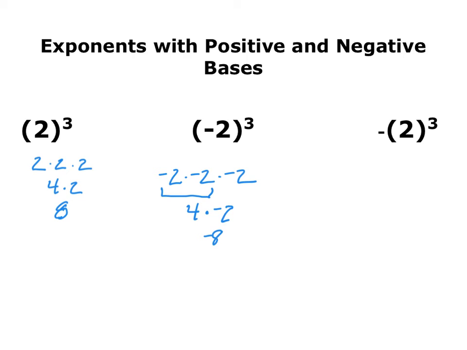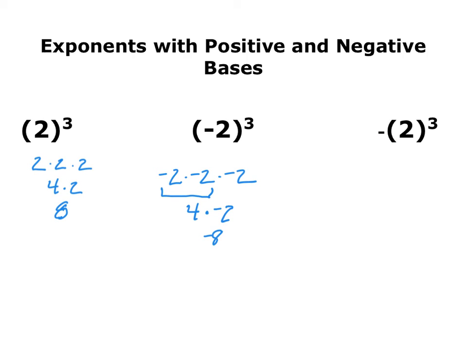Let's look at the last one. On this one, my base is positive, but then on the outside, I have a negative sign. So what that means is I'm going to multiply 2 times itself 3 times, and at the end, I'm going to make it negative.